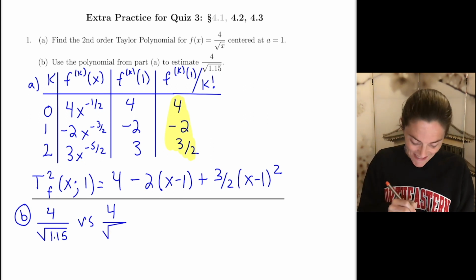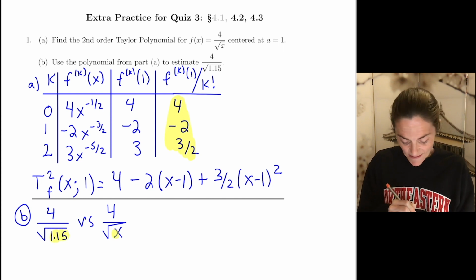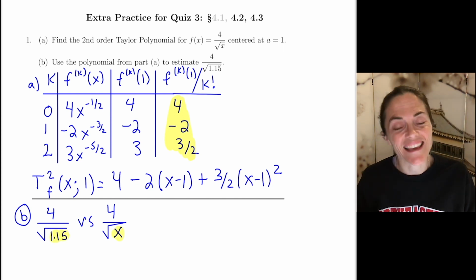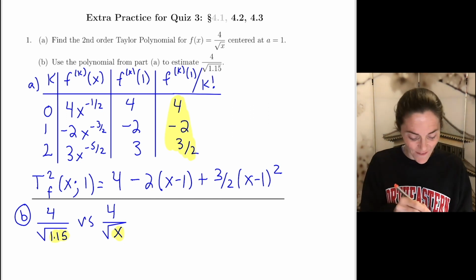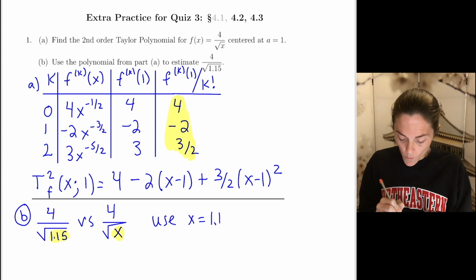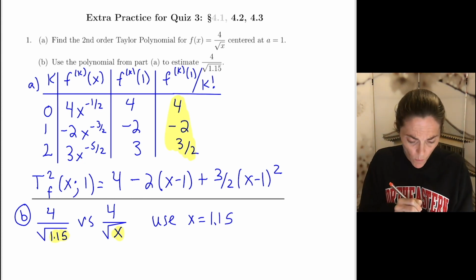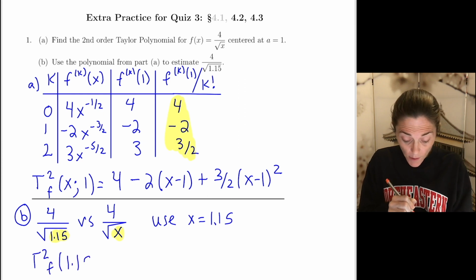Like I said, this one is not too bad. Then you just compare, right? We see that x is 1.15. So we use x equals 1.15. And so that's exactly what we want to do here. We want T2 F, well, we evaluate the polynomial at 1.15.